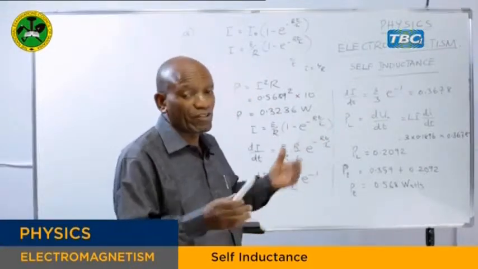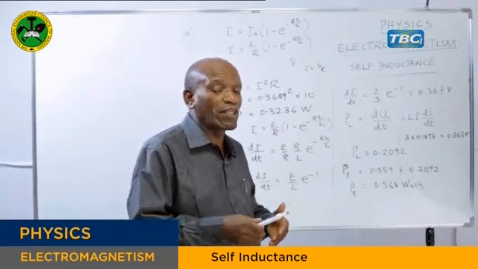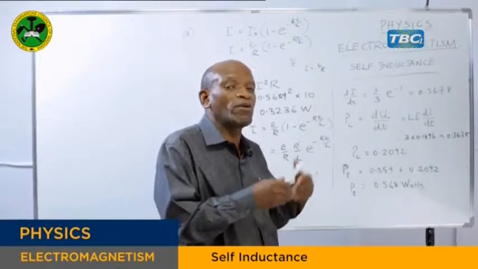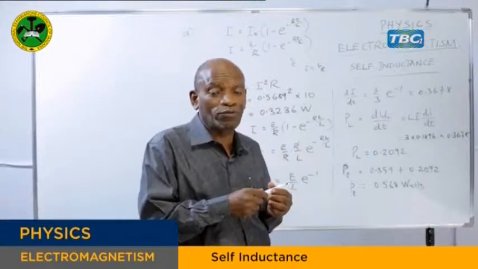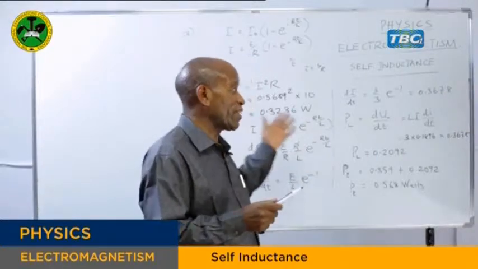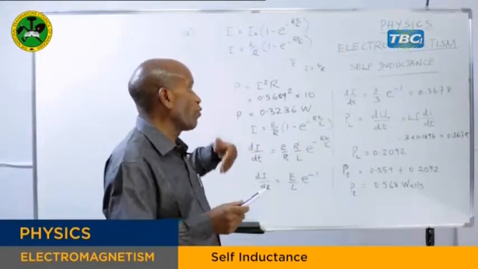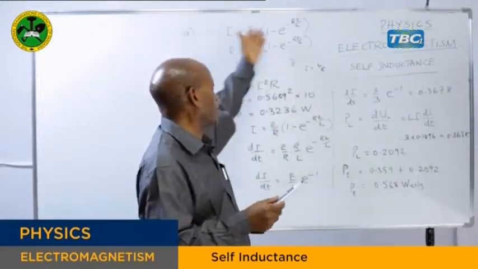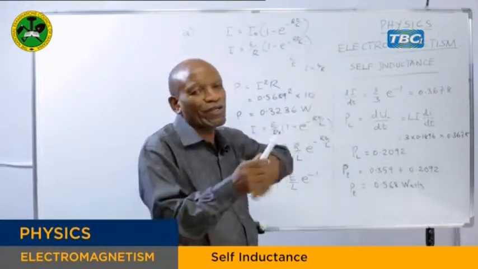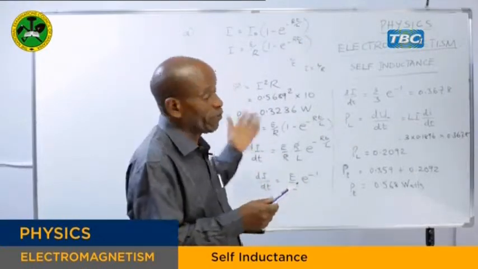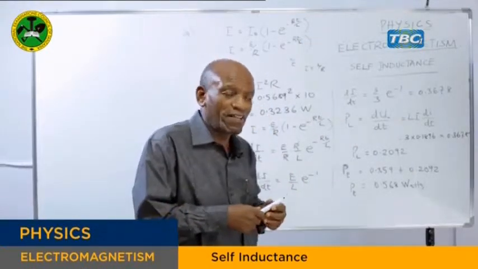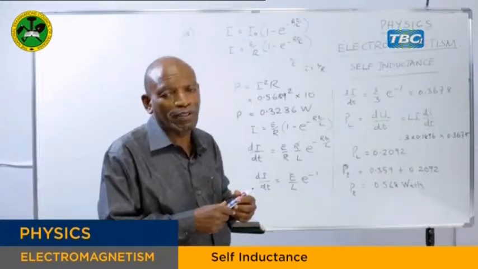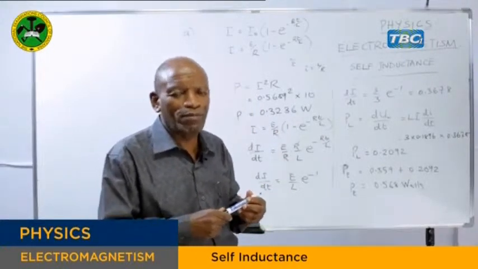This will be helpful for you, and it can enable you to take on some more difficult questions. But as long as you understand the way we reached those formulas, and the way an inductor behaves whenever it is connected in a circuit with a resistor, I do hope you will be able to do those problems without any problem.